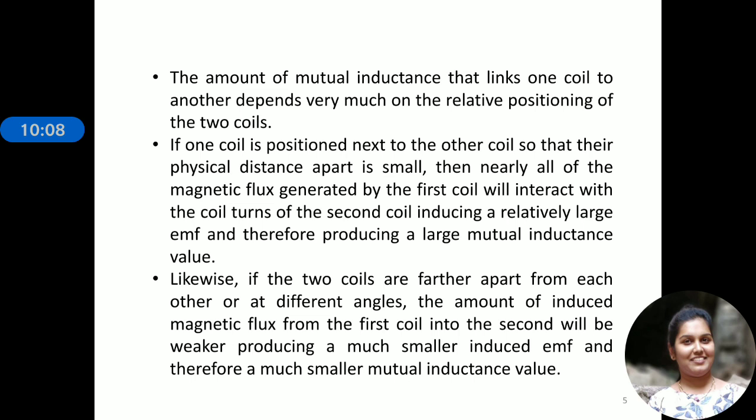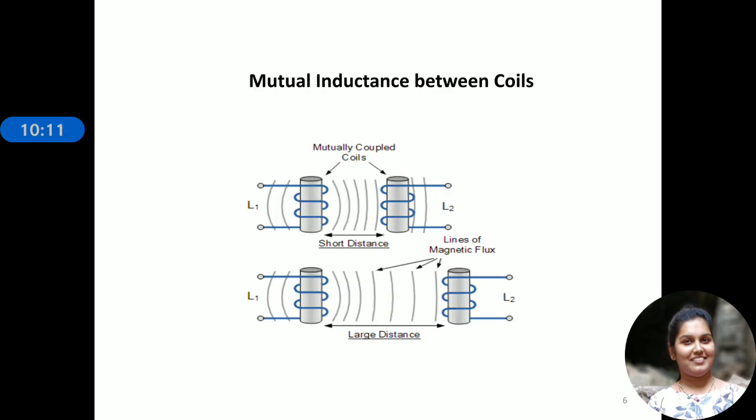Okay, got the point? So if you look at this explanation, here there are two coils, one coil named L1 and another coil named L2. Here you can see that the distance between the two coils is less when compared to this diagram.